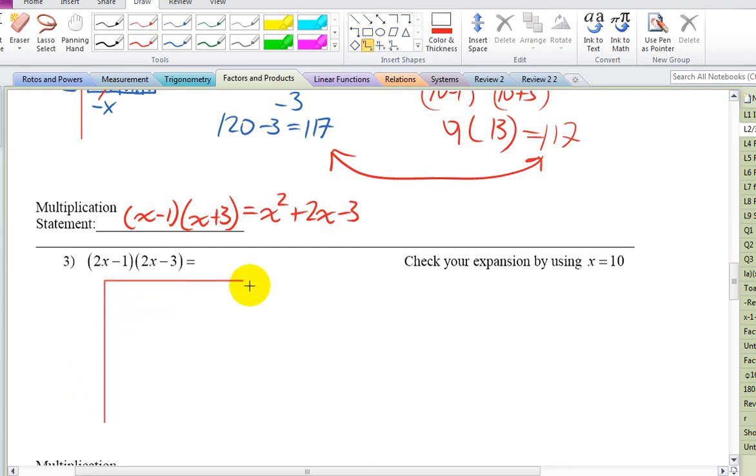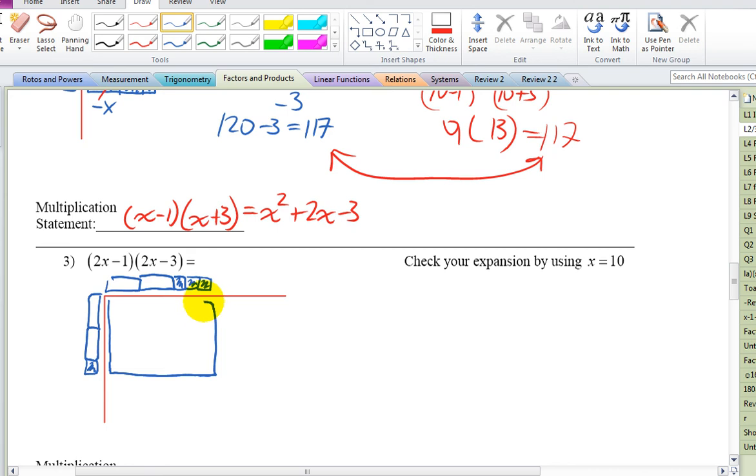Draw it. Okay, so I have to double check my shading.